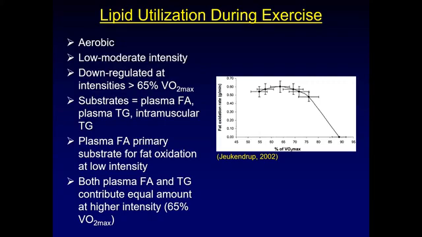So there's this double whammy effect. You don't need to worry about what the substrates are, but there's this general fact: at higher intensity exercise, you burn less fat as a percentage of total caloric expenditure.